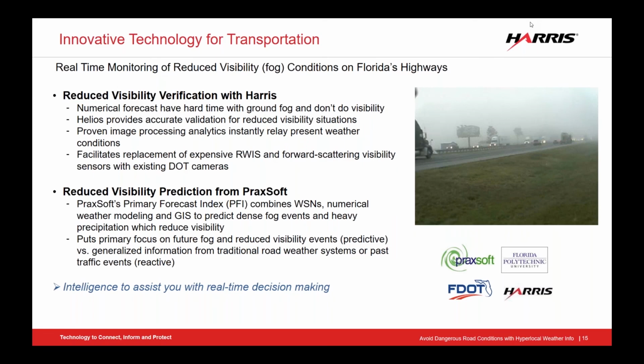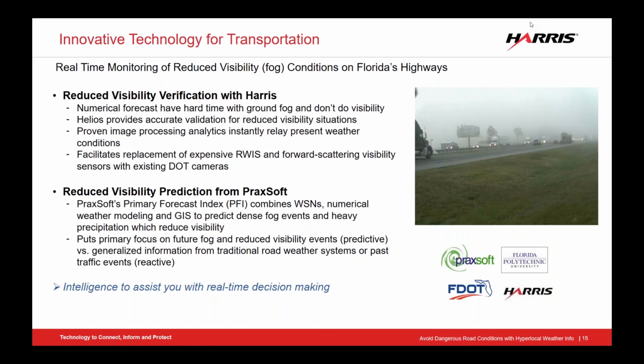Praxsoft has a unique visibility prediction weather forecast model. We teamed with them. They have a primary forecast index that combines several different aspects of weather modeling and GIS to try and predict dense fog events and heavy precipitation, which of course reduce visibility.